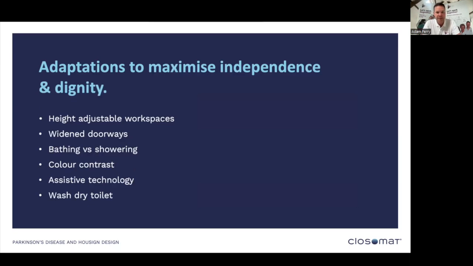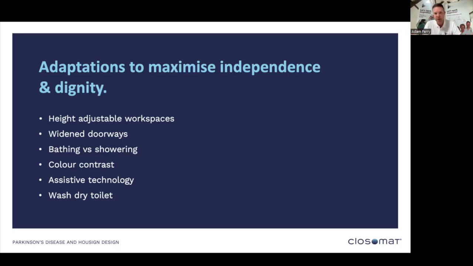So adaptations to maximize independence and dignity. So things like height adjustable workspaces, so if the person can stand or whether they need to sit or perch for a period of time, if they get particularly fatigued. Widen doorways in some instances to help with walking aids, whilst remembering that part of your activity analysis will cover what the person uses to maintain their balance. And if they're someone who holds on to door frames, just be very careful if you're recommending widening them.